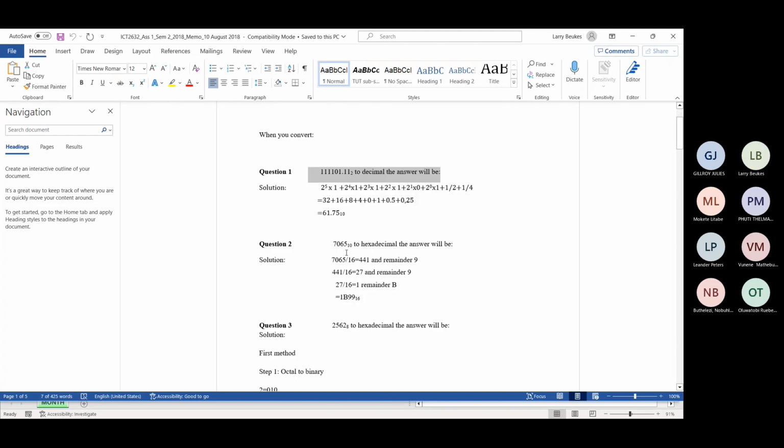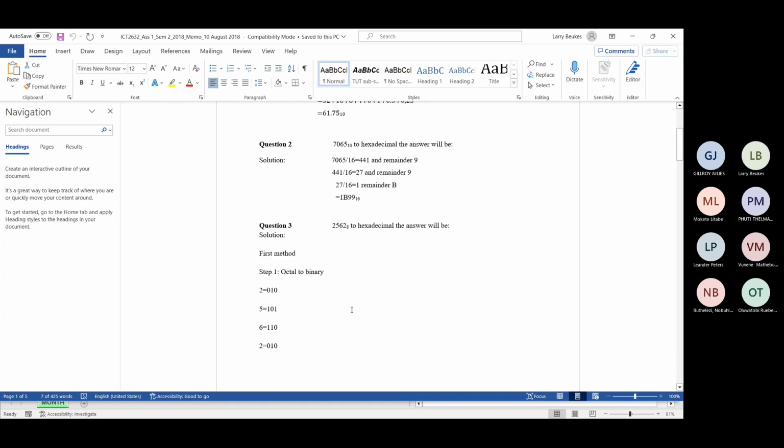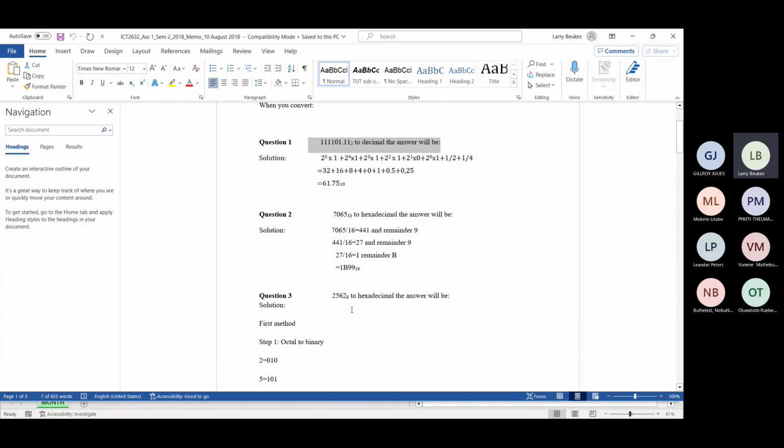Okay, so there is one here, 70 hex. Let's see. So this one you just divide by 16. This way they need a calculator. That's why I hate this method of theirs. But anyway, let's do it. I'm going to show you this method and then I'm going to show you my method.